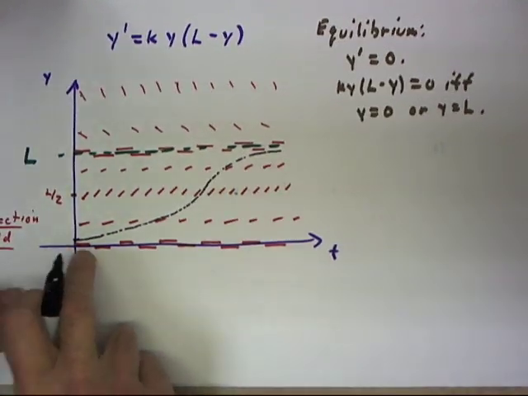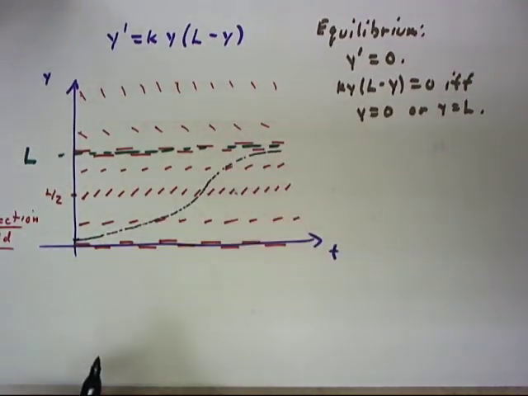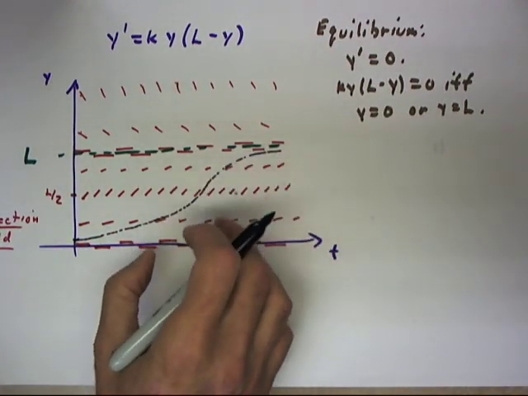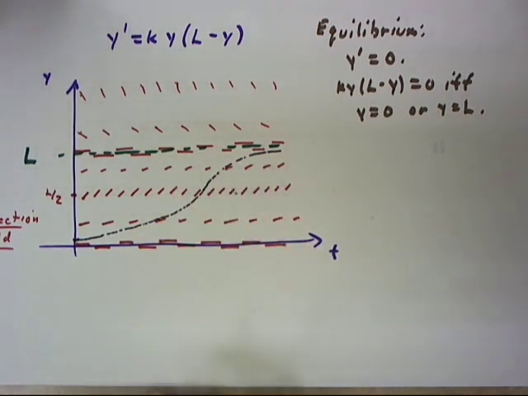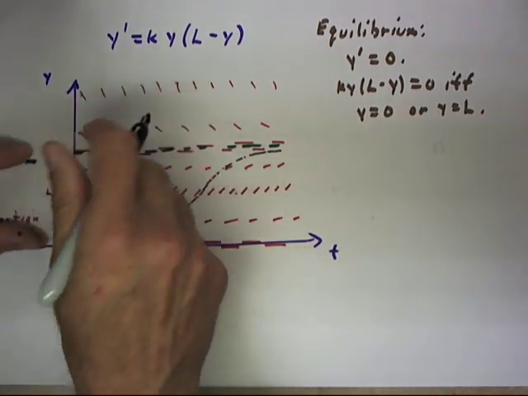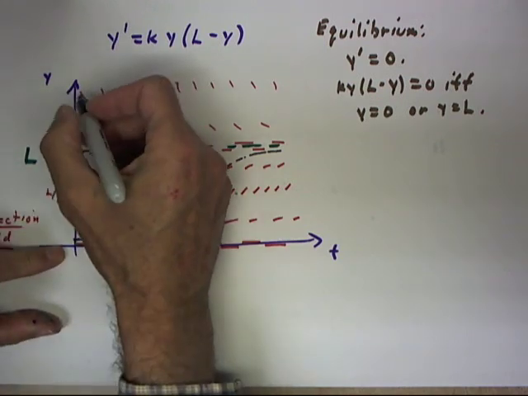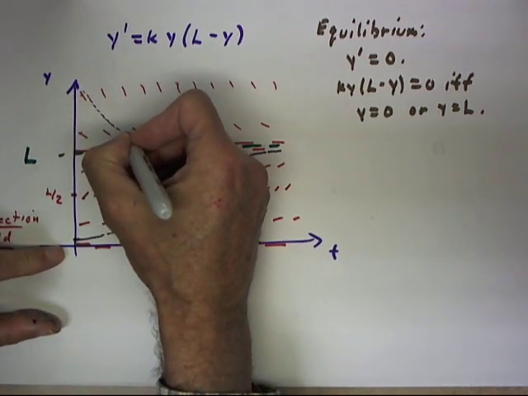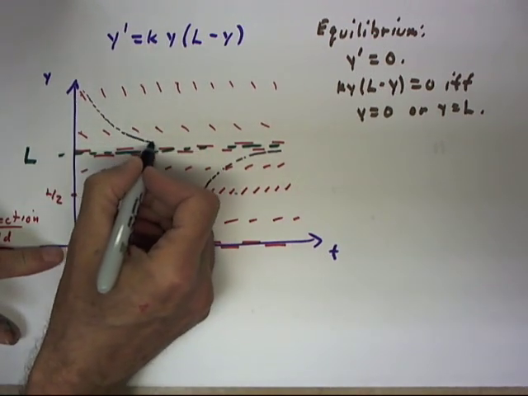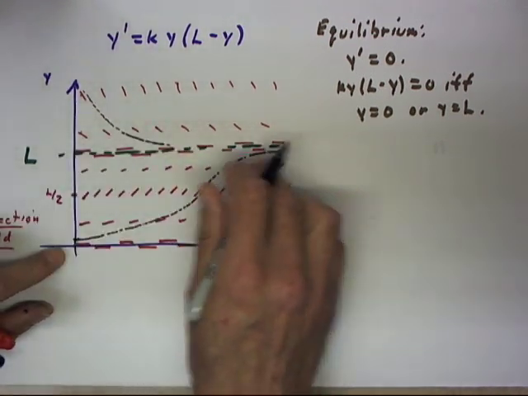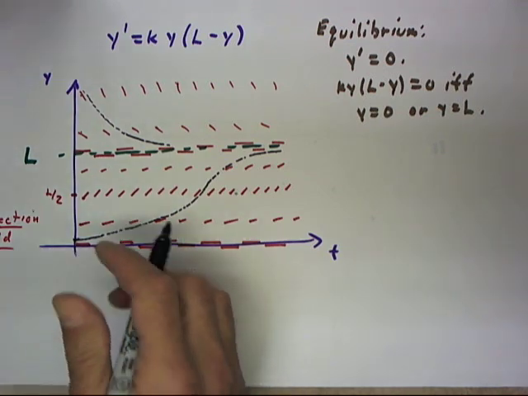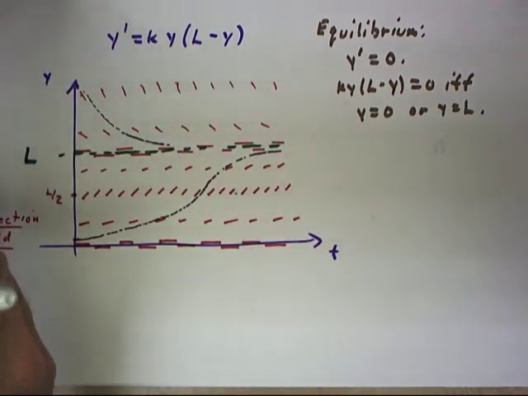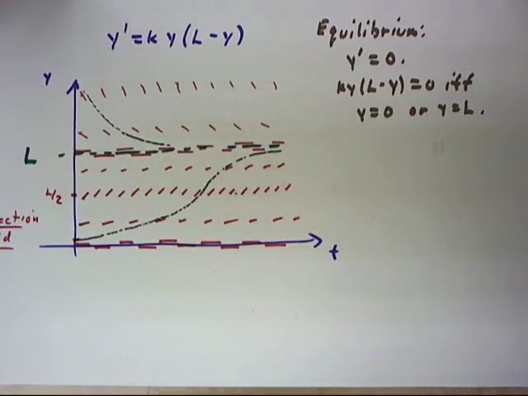That's going to give us our typical sigmoid solution to the differential equation, consistent with the analytical solutions that we've been looking at. And if y is greater than L, that's going to bring us down rather quickly, and we're going to approach the y equals L line in an exponential fashion as we come back down.